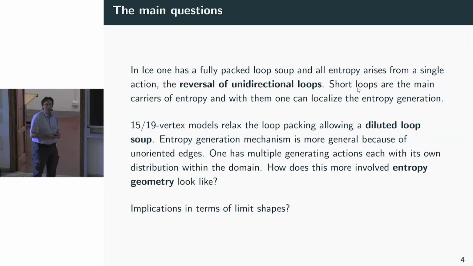And then the question is that on a finite domain, like a square, with some reasonable boundary condition, how do these actions work there in different parts of it? Are there maybe frozen parts where the action can't do anything, and then tempered parts where things happen? And in particular, if you can find out something interesting about this, then could you allude something about possibly limit shapes in these higher vertex models as well?